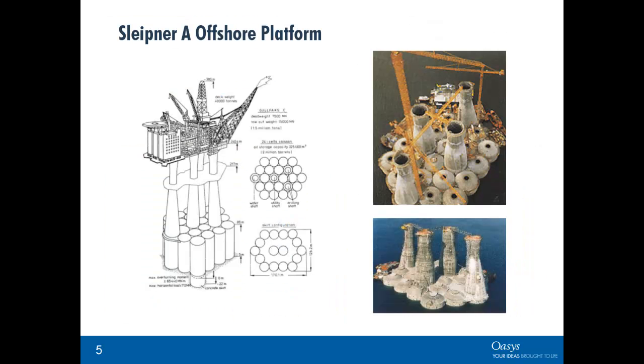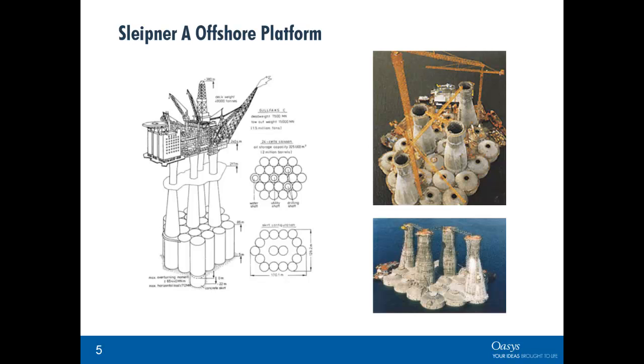I will look in detail at one, the Sleipner offshore platform, which, as far as I know, nobody was hurt in, and it is certainly a good example to look at because finite element analysis was a major contributor to this disaster. Now, Sleipner was a gravity-based platform in the North Sea.